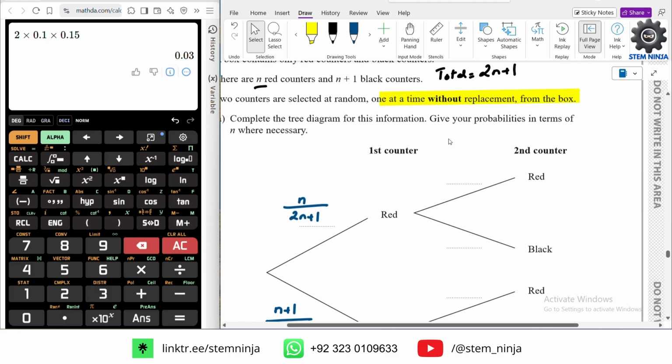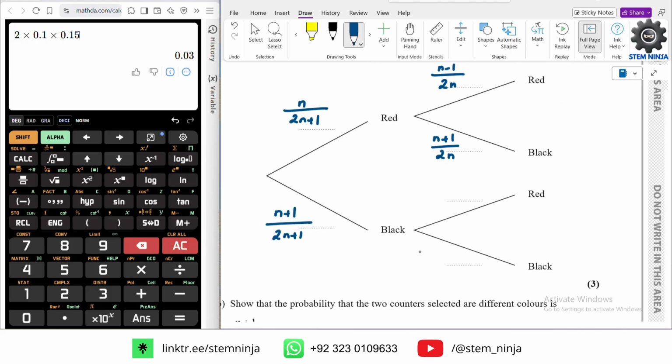But when one red has been taken, this will become n minus 1 over 2n, but the number of black would remain the same. Similarly, if the black has been taken first, the red would remain the same, so n over 2n, but this would become n over 2n also.